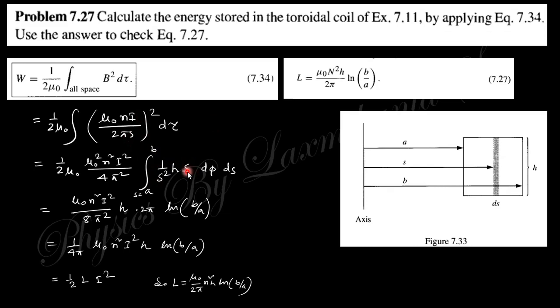And this is s ds d phi, the small volume, this is the area and this height gives you this volume. So this is the small volume and 1 by r squared. So integrating, you finally obtain this equation. And if we compare this with work done equals half L I squared, then L equals like that. This matches equation 7.27.